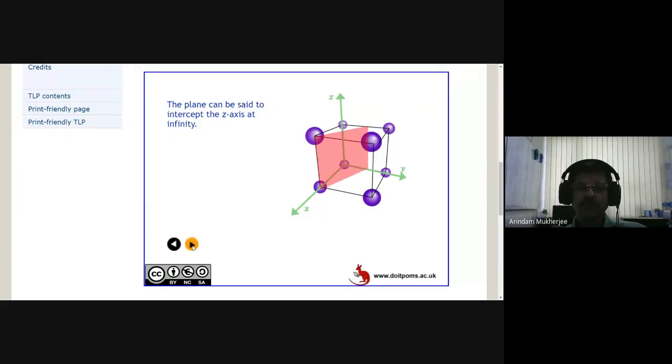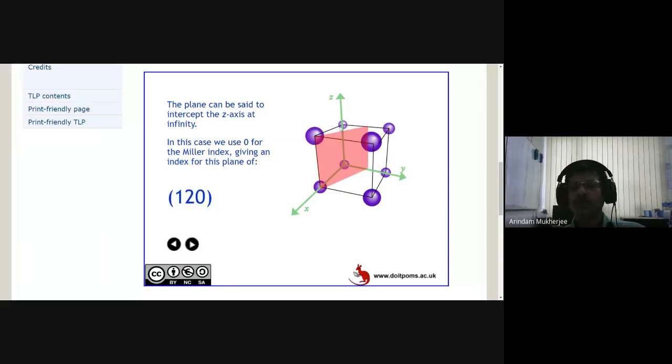So when we have infinity, when you take the reciprocal, we will get 0. So what we will have is 1, 2, 0. It was actually 1, 1/2, infinity, and it now became 1, 2, 0. That's how you take care of planes which are parallel to some axis.